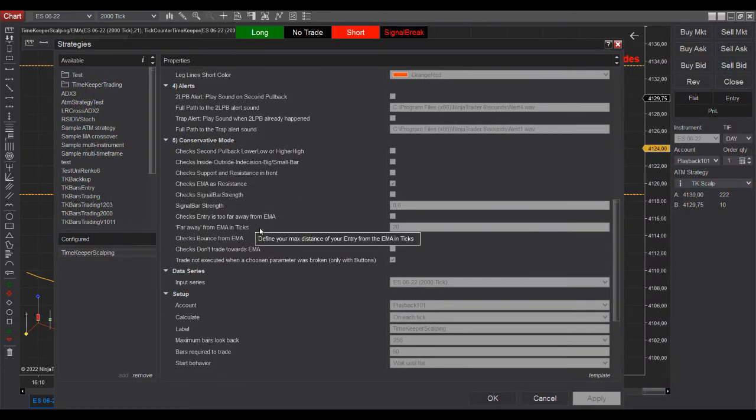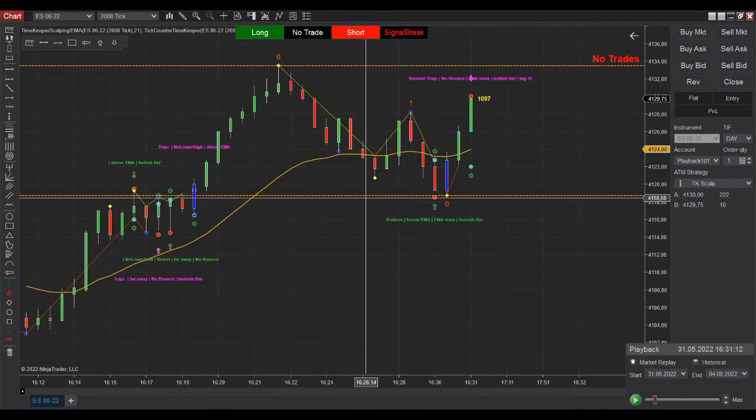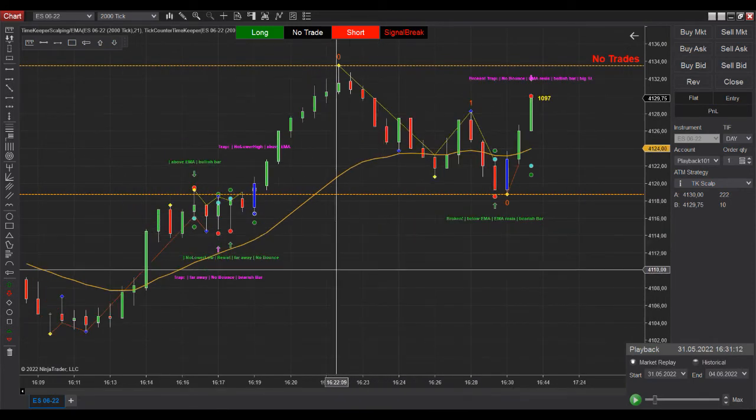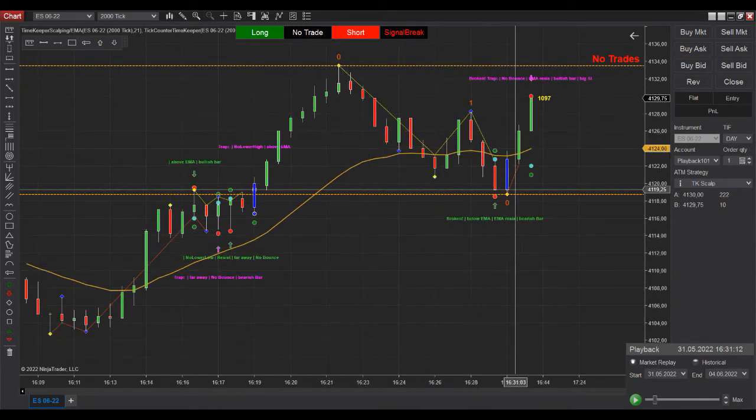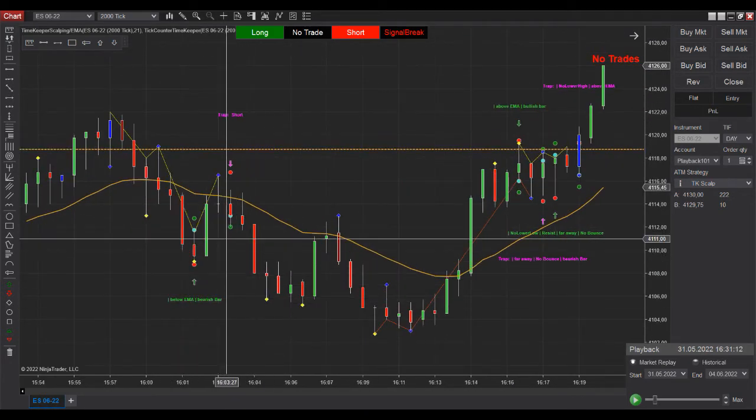Furthermore, check entry is too far from EMA. You can check it, and too far away from EMA means your maximum distance of your entry from the EMA. You can define it as you want. That only means that if you have a setup, it cannot be too far away from the EMA.